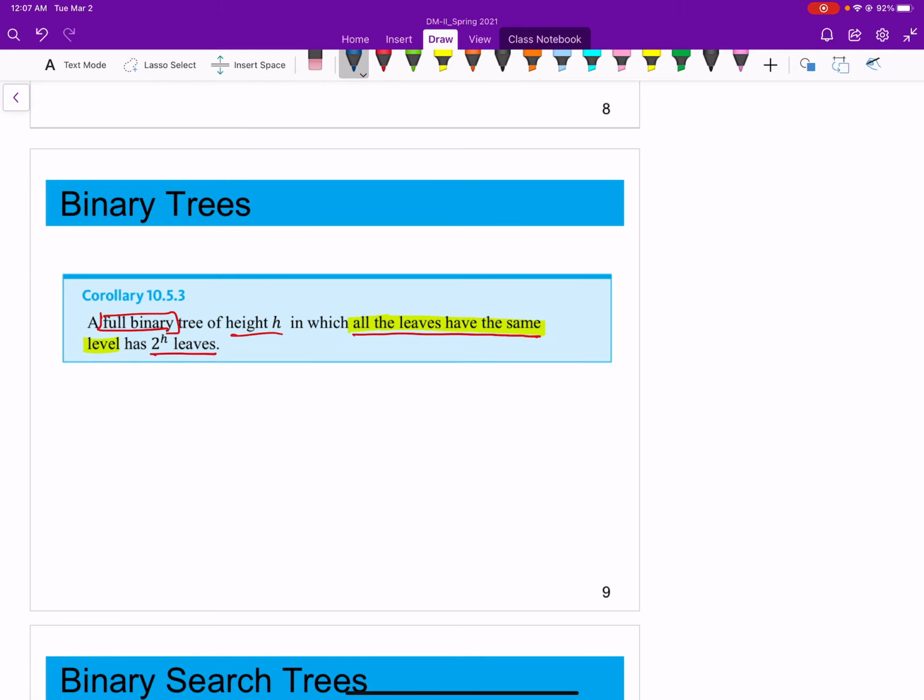That means something like this. All the leaves should have the same level. Alright, it's a full binary tree. That means the tree should always be symmetric. Let me redraw it. I have to expand that a little bit.